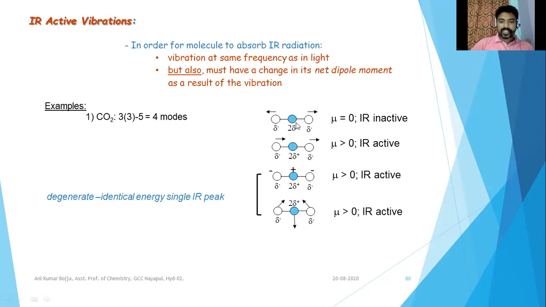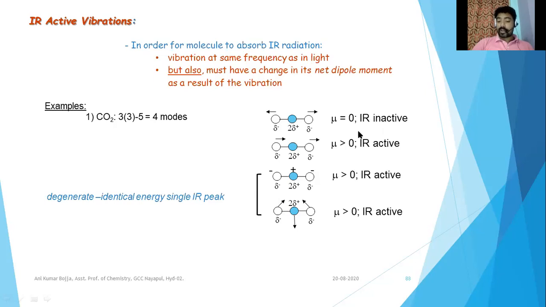The symmetric stretching means one terminus, the right side oxygen atom, is moving away from the central carbon atom by some distance, and during its stretching vibration, the left side oxygen atom is also moving the same distance. So there won't be a change in the dipole moment of the molecule. So mu is equal to 0. The dipole moment is equal to 0.